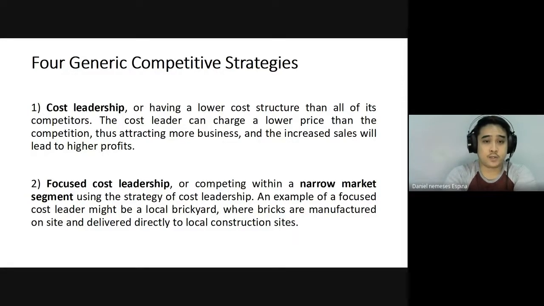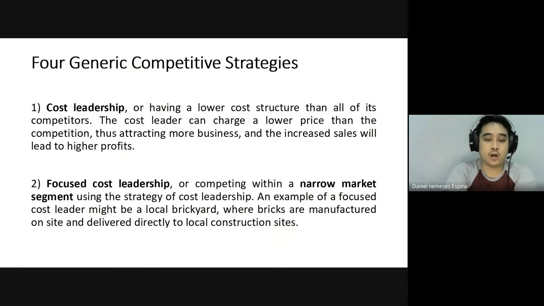Then the second type of strategy is called focused cost leadership. So this time you are not catering to average customers, but you already identified your target market. Okay? You decide which type of market you will implement a strategy for. So you are competing within a narrow market segment using the strategy of cost leadership.